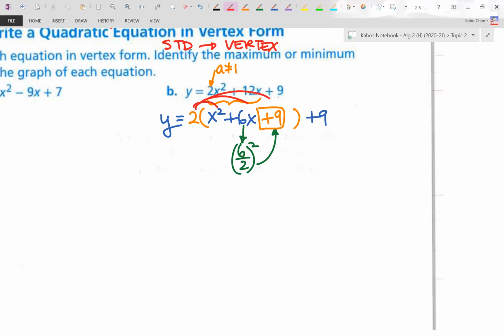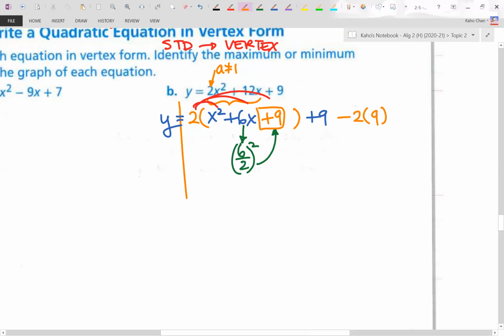I'm not going to put 2 times 9 on the other side. I'm going to do it on the same side. I'm going to balance it by doing minus 2 of those 9s. Does that make sense? If I did balance on the other side, it would be moved to the right-hand side and it would become a minus sign. This is the balance, on the same side.